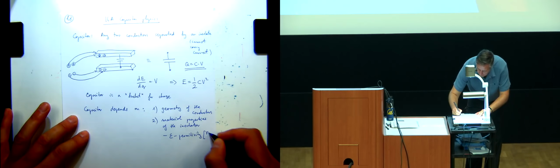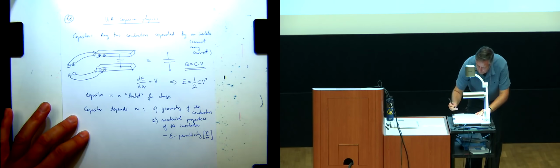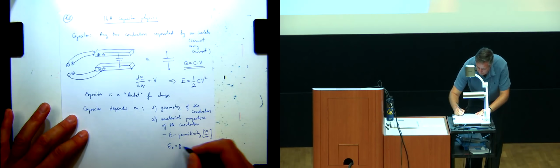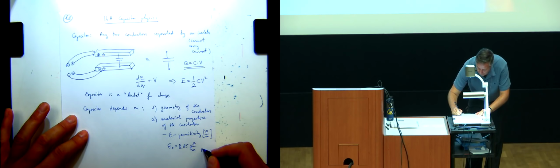And the units are farad per meter. And let's say for vacuum, we usually put this zero sign here, so it's 8.85 picofarads per meter, where p is pico, is 10 to the minus 12.